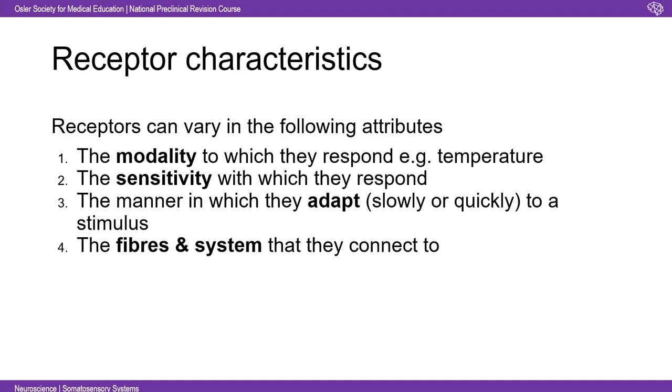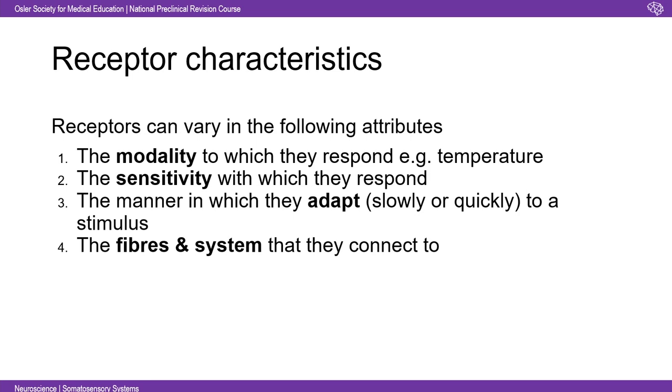Adaptation is really important. We're going to talk about it using the Pacinian corpuscle as an example, just because it allows us to detect things in a more dynamic way, and therefore draws more attention to things that are probably more relevant in terms of new stimuli or stimuli that are changing.